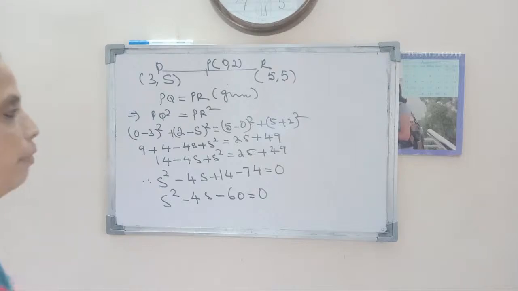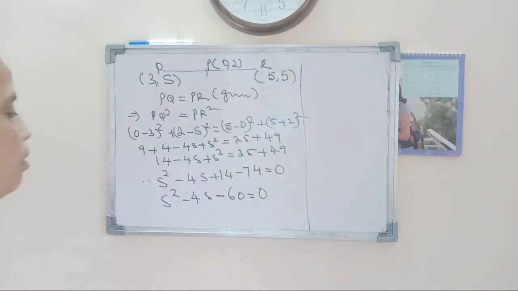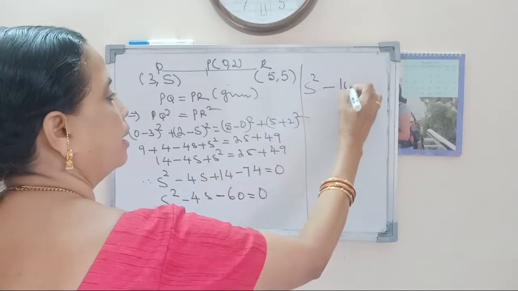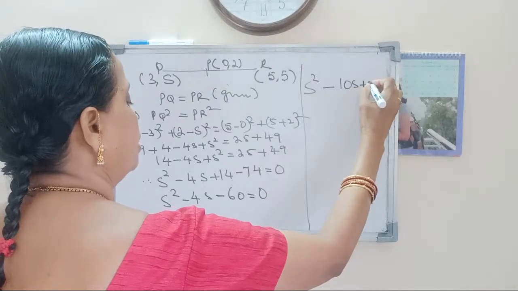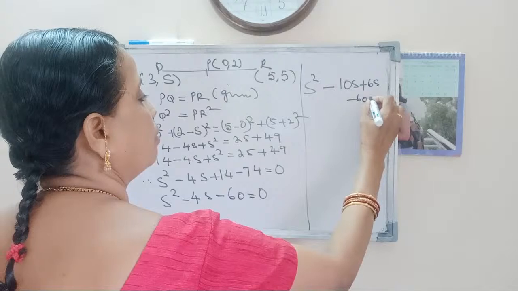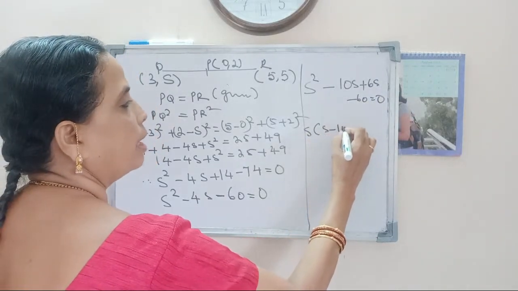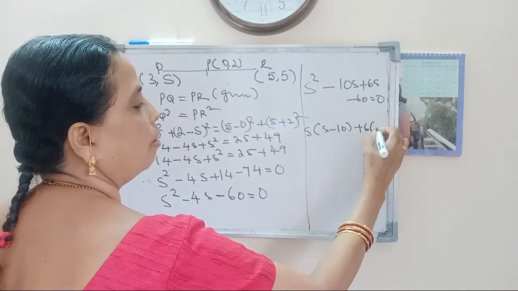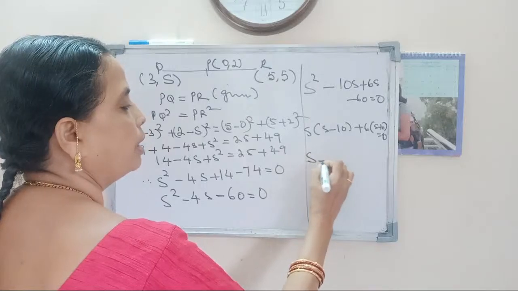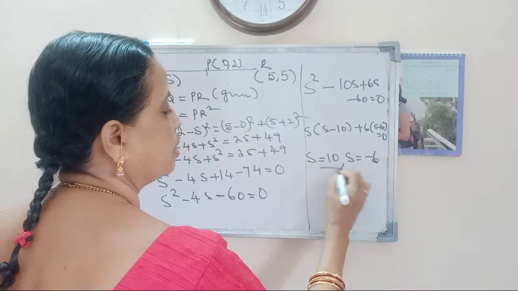Now get the factors of this quadratic. What do you get? s square minus 10s plus 6s minus 60 equals 0. Taking s common, s(s minus 10), 6 common, 6(s minus 10) equals 0. s equals 10, s equals minus 6.